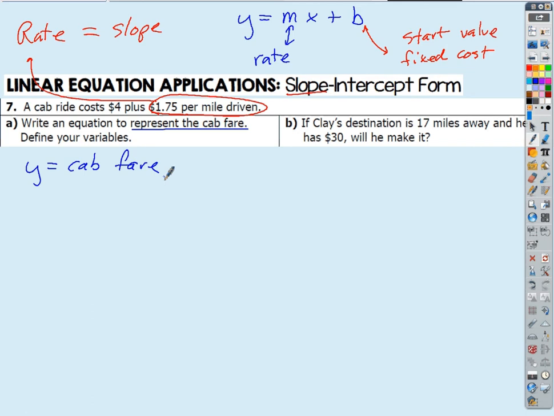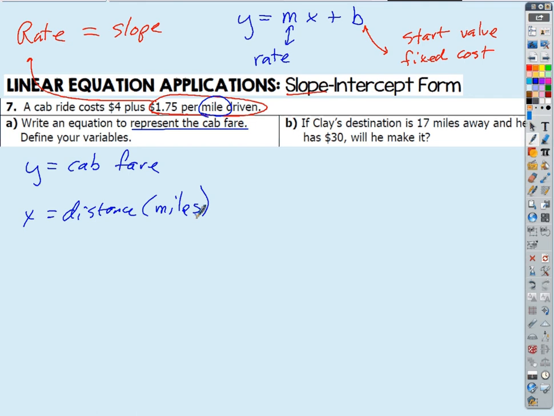Maybe you want to call it x, but what's x going to equal? The miles, yeah. And how do you know? Because it's always going to be on the bottom of the rate. Whatever's on the bottom of the rate, that's going to have to be what we're multiplying the rate by. Always, every time, right? And so x is going to be distance in miles. That's going to be our input.